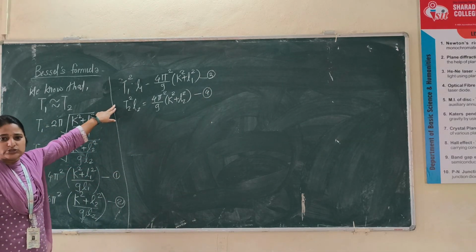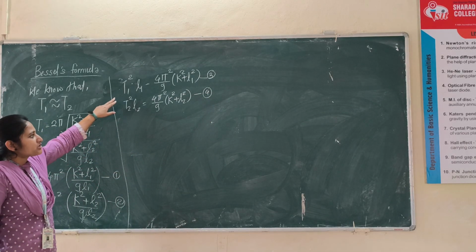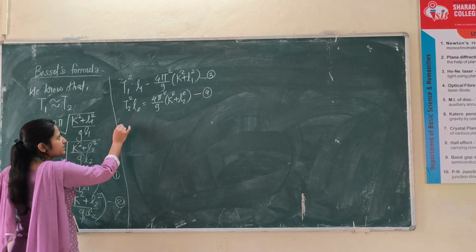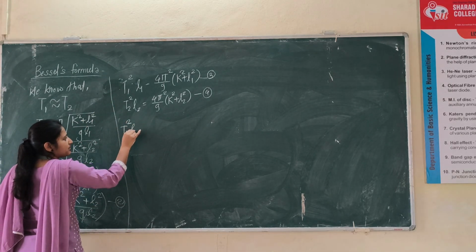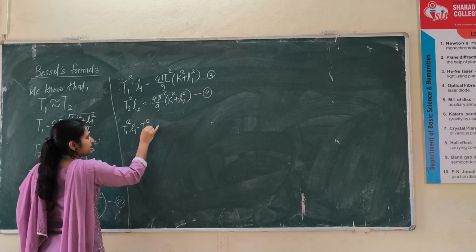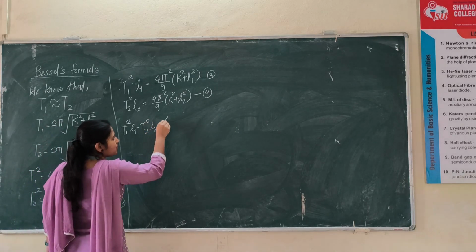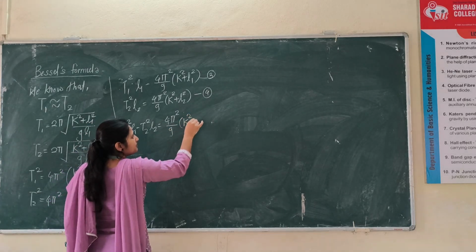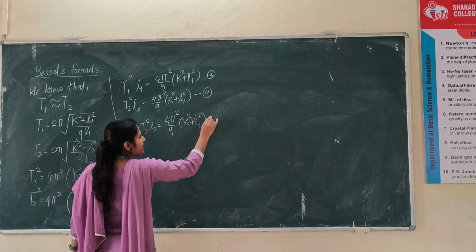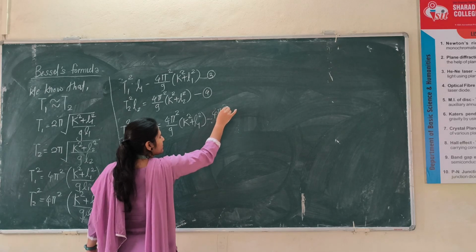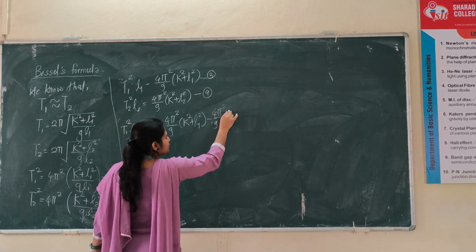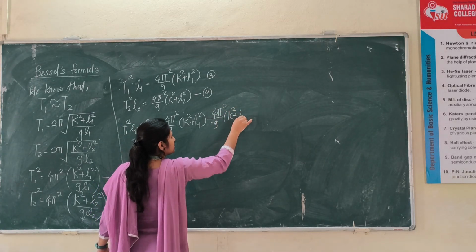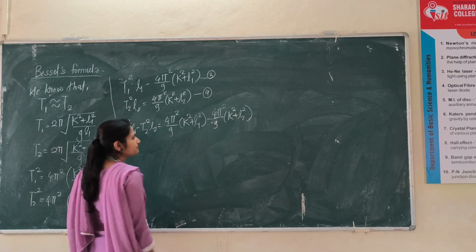Subtracting equation 4 from 3, we get T1 square L1 minus T2 square L2 is equal to 4 pi square by g into (k square plus L1 square) minus 4 pi square by g into (k square plus L2 square).